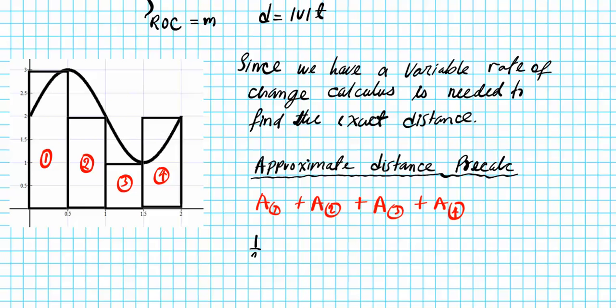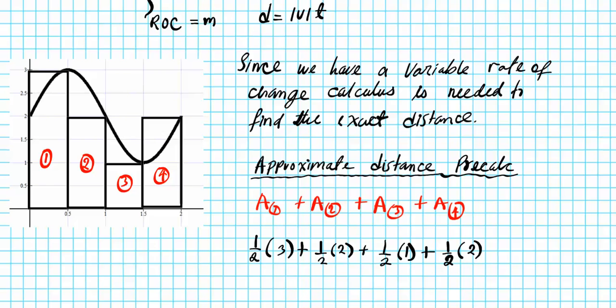So for rectangle 1, 1/2 is the width times the length. We have 1/2 times 3, plus the second rectangle, 1/2 times 2, plus the third rectangle, 1/2 times the height, which is 1, and then the fourth rectangle, 1/2 times the height, which is 2.